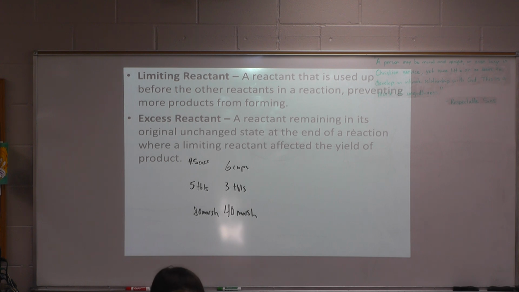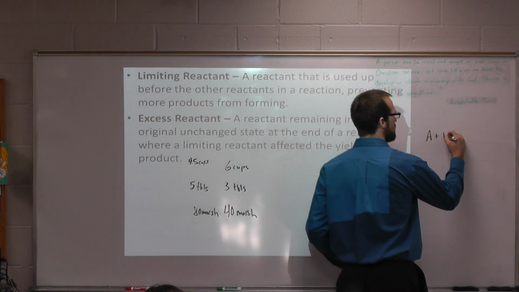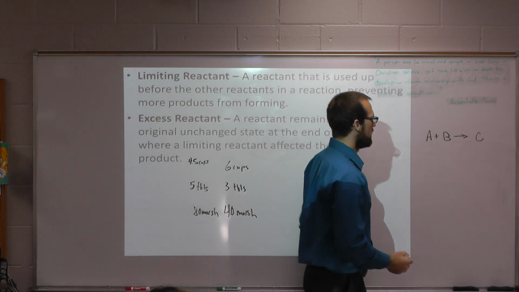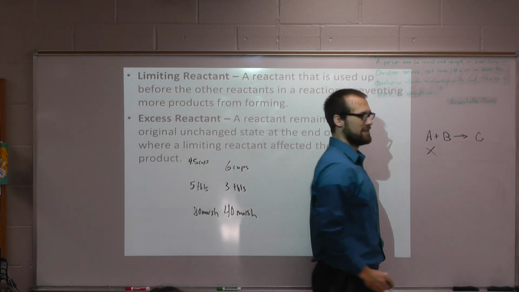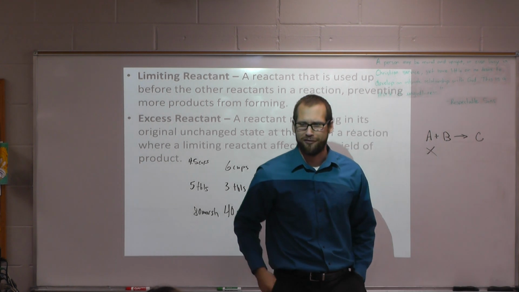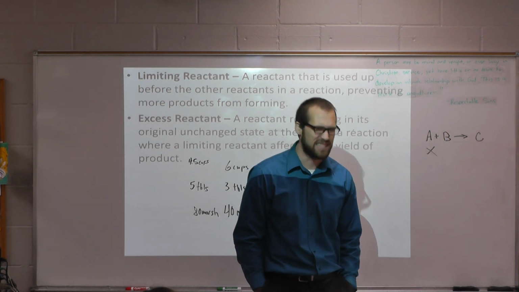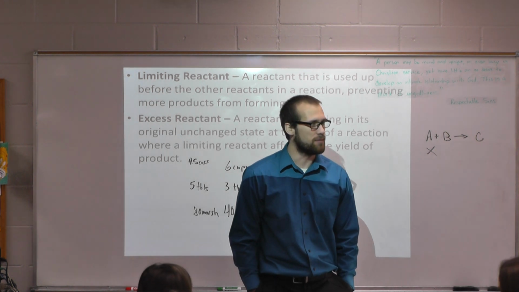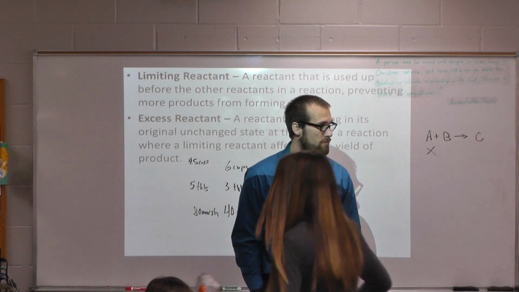But the point is there's a particular ingredient that's going to run out. Now let's say I had a reaction, A plus B produces C. If A runs out, does it matter how much B you have? No. Are you going to produce any more C? No.